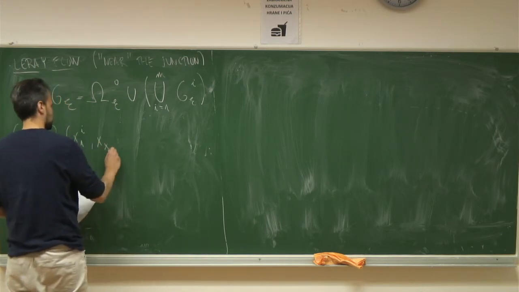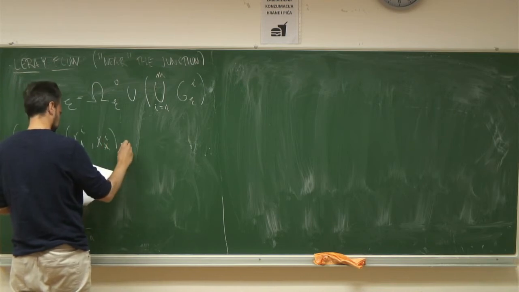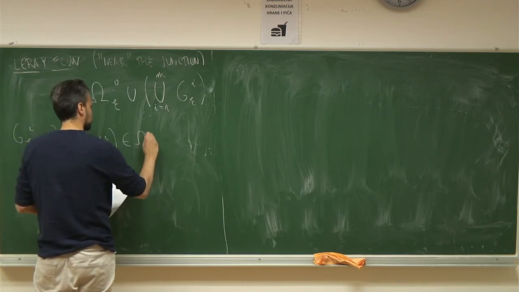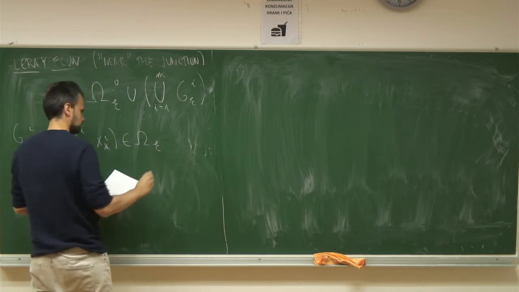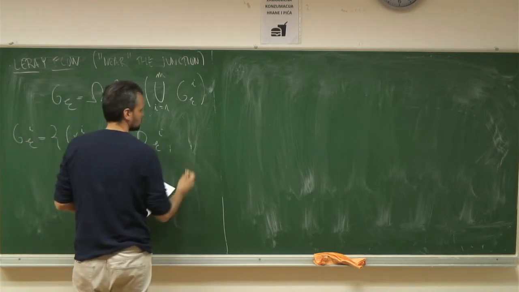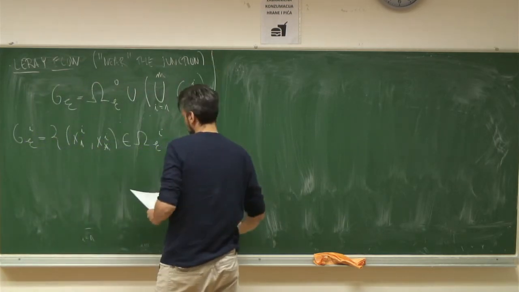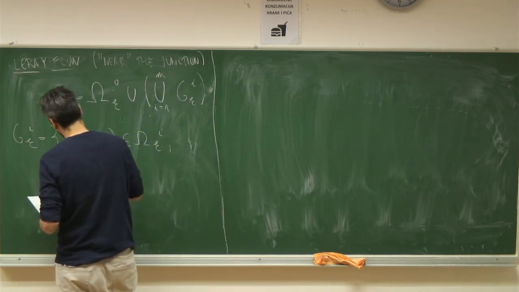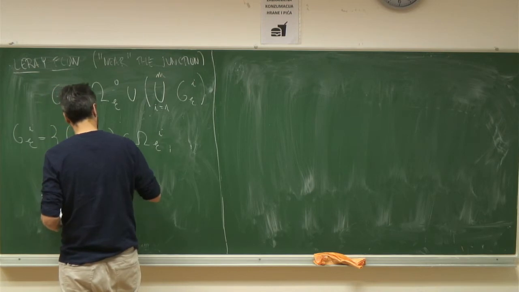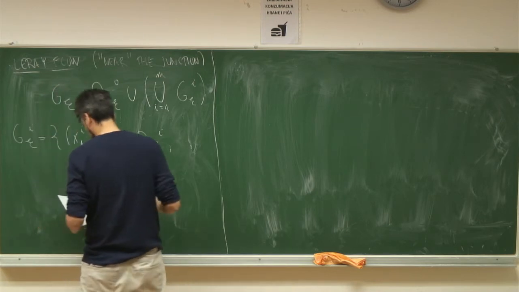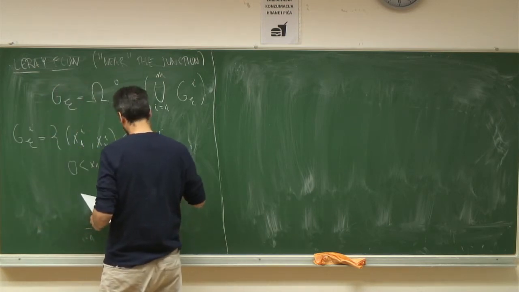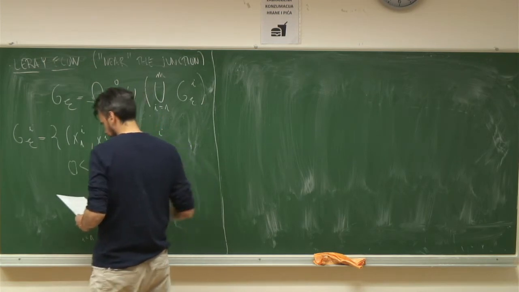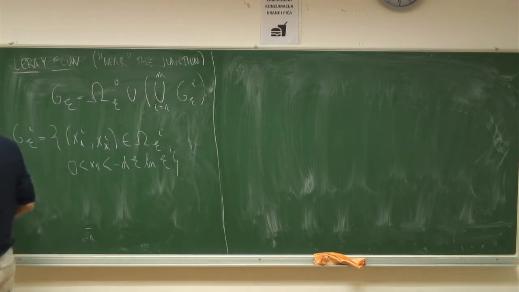So x1, x star I from omega epsilon I, where x1 is from 0 to minus d epsilon ln of epsilon. So this is an important value.